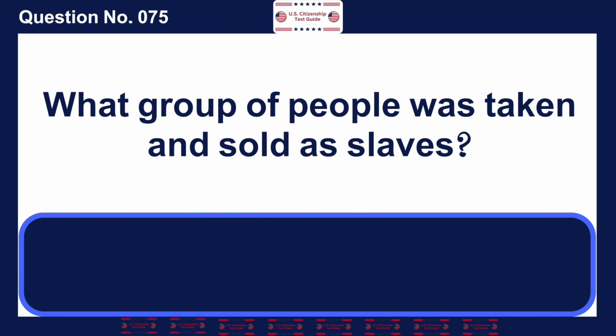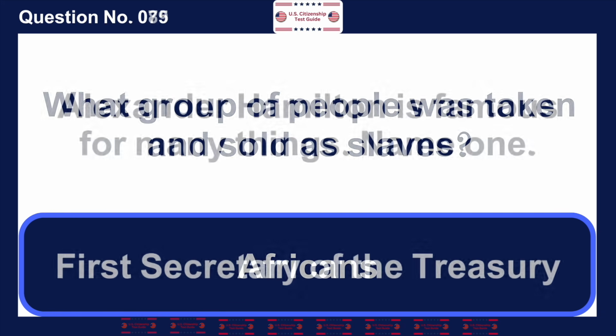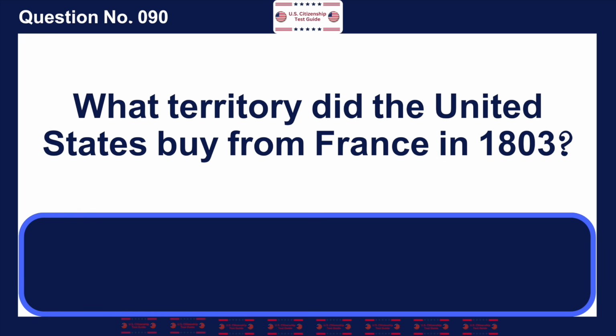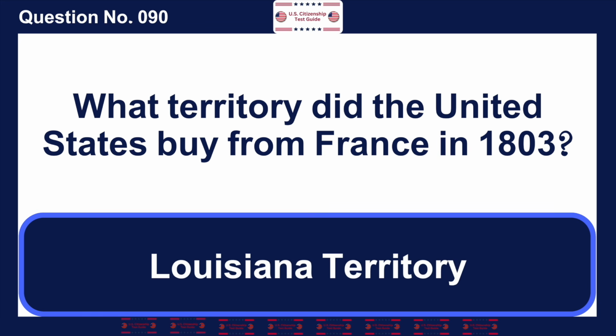What group of people was taken and sold as slaves? Africans. What territory did the United States buy from France in 1803? Louisiana Territory.